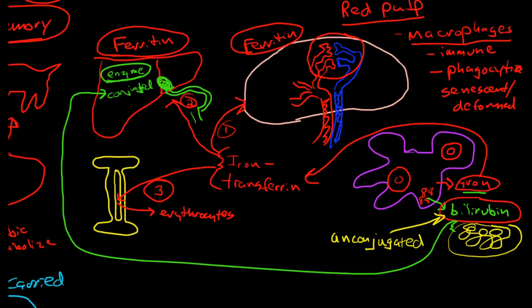So those of you who look at labs, if you have a patient with an elevated bilirubin level, then you need to decide whether it's elevated primarily because of unconjugated bilirubin.